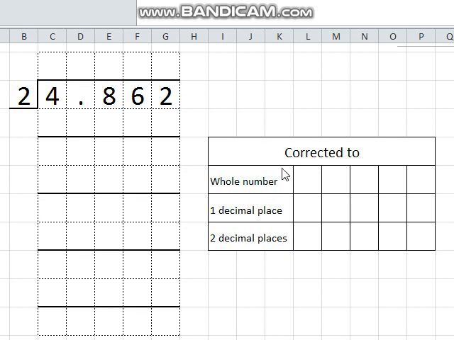Either we correct it to the nearest whole number, or to one decimal place, or to two decimal places. Okay, so when you do this one, you know when to stop. You don't need to continue once you reach the result. Later you can see. Okay, I want to show you this one by one.